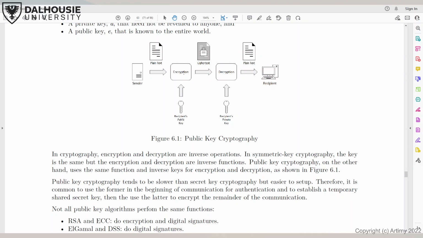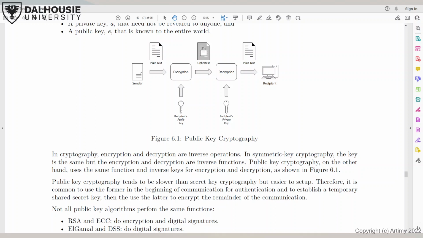Now, in public key cryptography, we consider the encryption and decryption keys as inverse of each other, right? That will be clarified later. With secret key cryptography, the algorithms are inverse of each other and the key is the same. Here, the algorithm is the same and the keys are inverse.